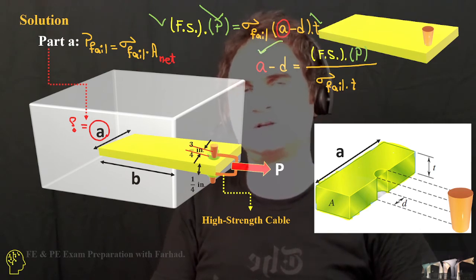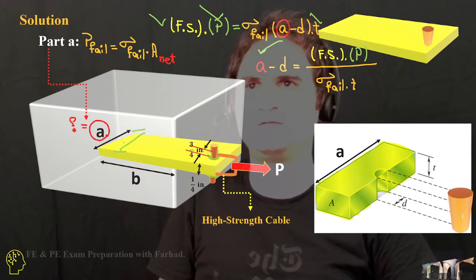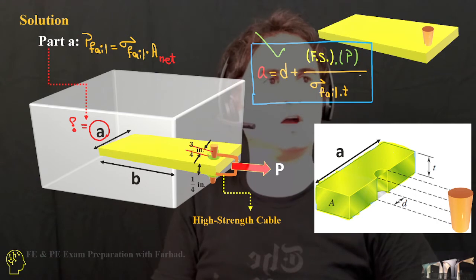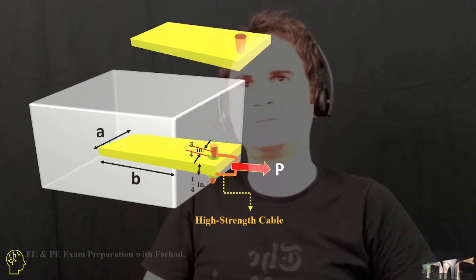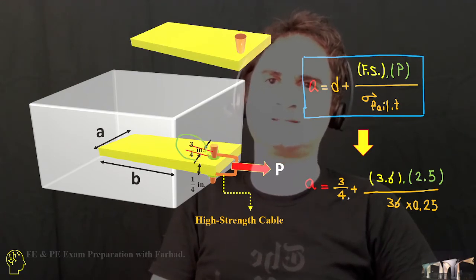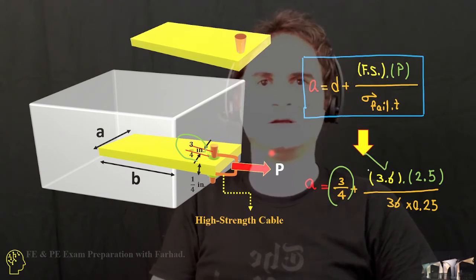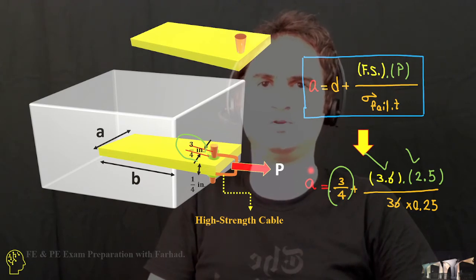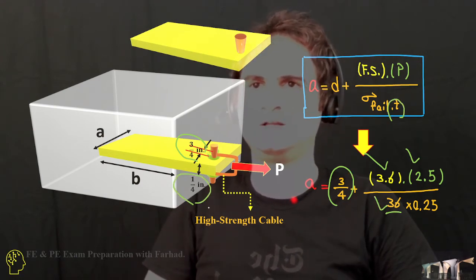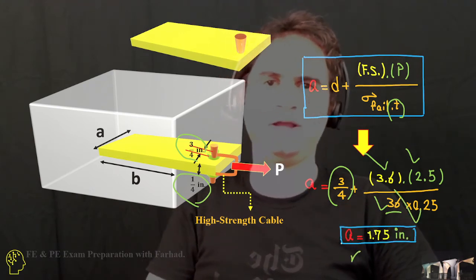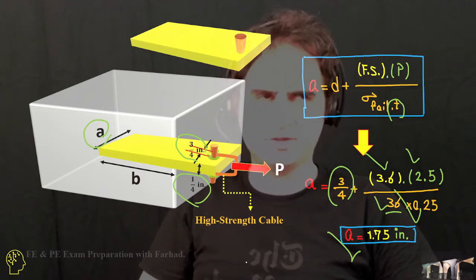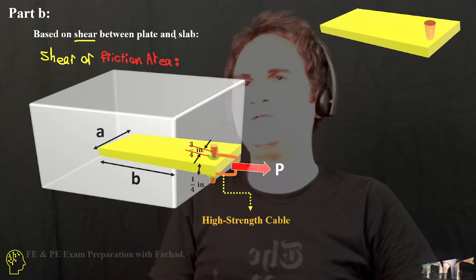Rearranging for A, the width of the steel plate, gives A equals D plus factor of safety times P over sigma failure times the thickness of the plate. Replacing with numeric values: D is 3/4 of an inch, plus the factor of safety 3.6 times the pulling force 2.5 kilopounds over sigma failure 36, times the thickness of 1/4 of an inch. Doing the math, the width A of the steel plate is equal to 1.75 inches.